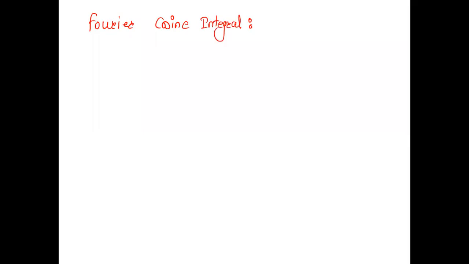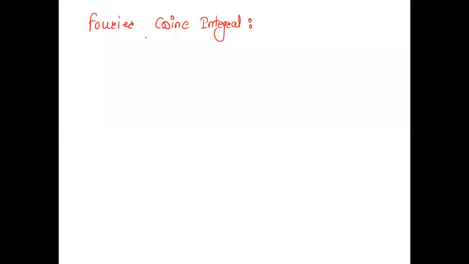A naught, Bn was 0. So the only part remaining was A naught and An. And An always comes with cos. Right? So whenever your function is even, we got the Fourier cosine series. Do you remember that? Yes. So the same thing is followed here. Whenever your function is even, you will get the Fourier cosine integral.